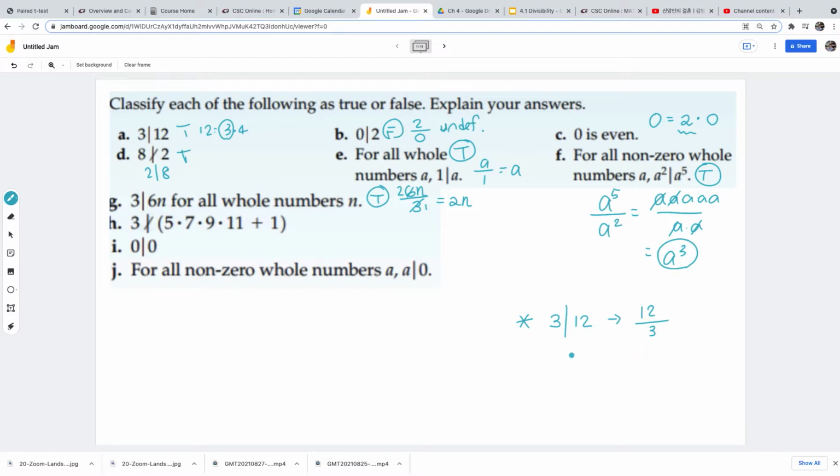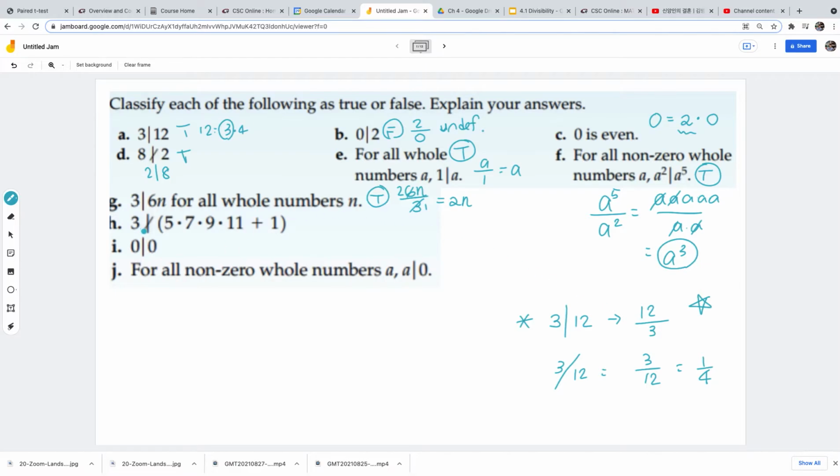Be careful. If we do 3/12, that means 3 divided by 12, which is actually 1/4. So be careful about this: the first number goes to the bottom, the denominator.